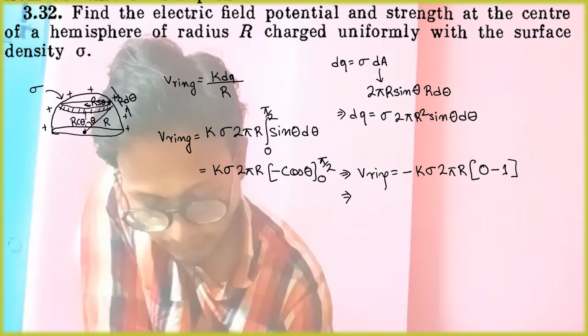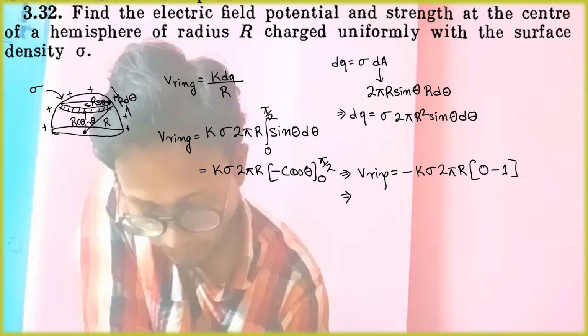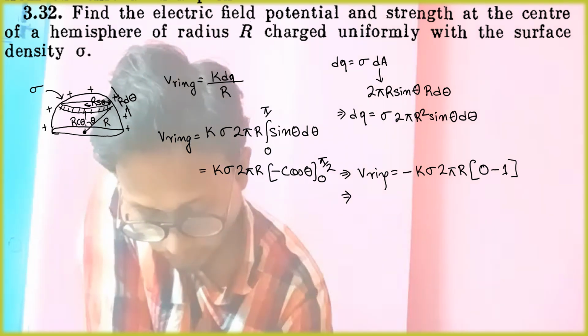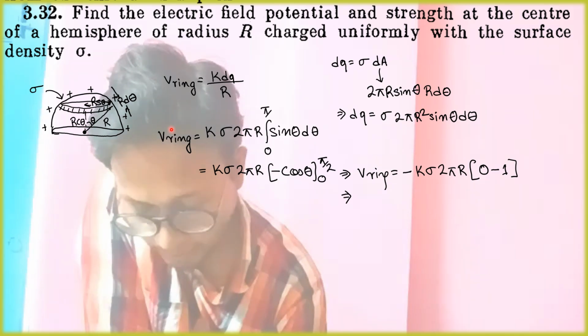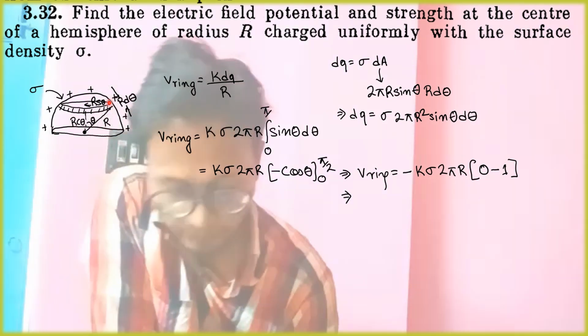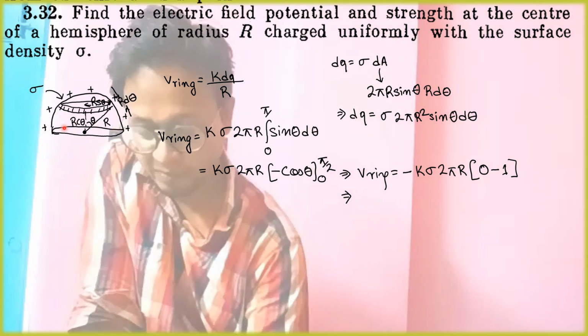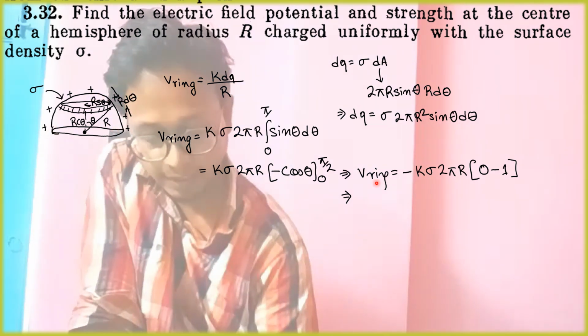So potential due to the entire hemisphere. When I integrated from 0 to pi by 2, I got the potential of the entire hemisphere, no? If I integrate the ring from 0 to pi by 2, I'll get the potential of the entire hemisphere.